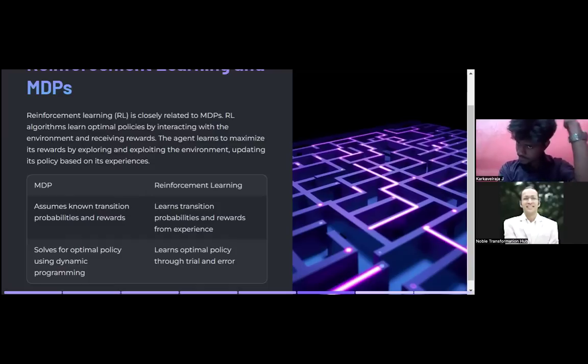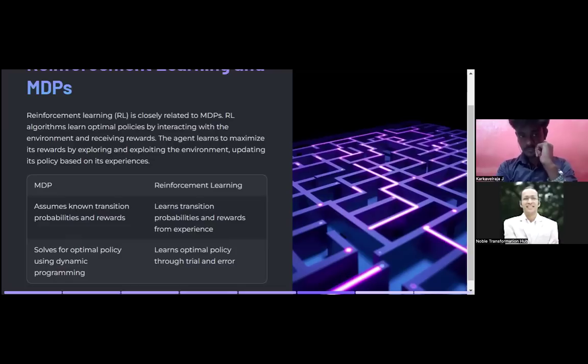Whatever we call creativity is actually trial and error, guys. When you are making a painting, a world-class painting, you do a lot of trial and error, then it is crafted, right? Or you're making a pot, so you're doing reinforcement learning. So you can relate reinforcement learning to trial and error.